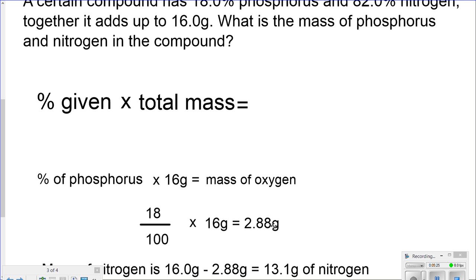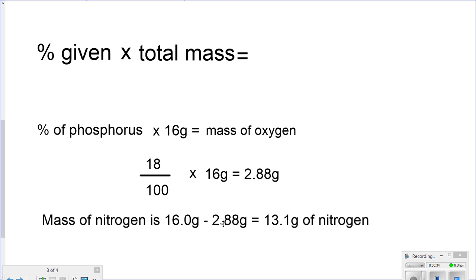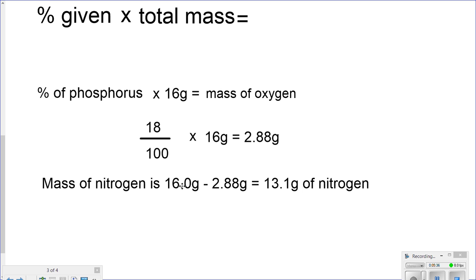So the mass of phosphorus is 2.88 grams.